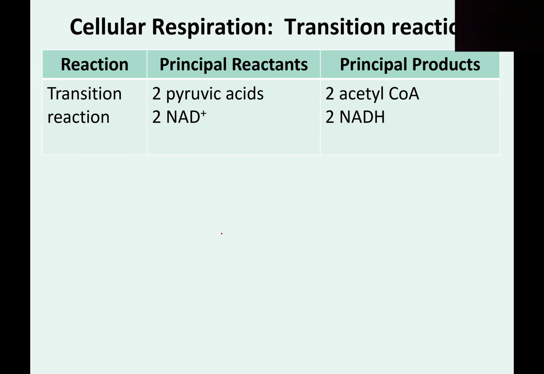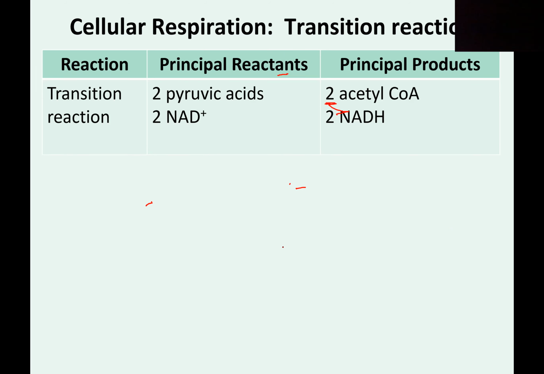Products, 2 acetyl-CoA. So you just need to put the number 2 in next to the acetyl-CoA, and that's short for acetyl coenzyme A. And then 2 in the NADH column.